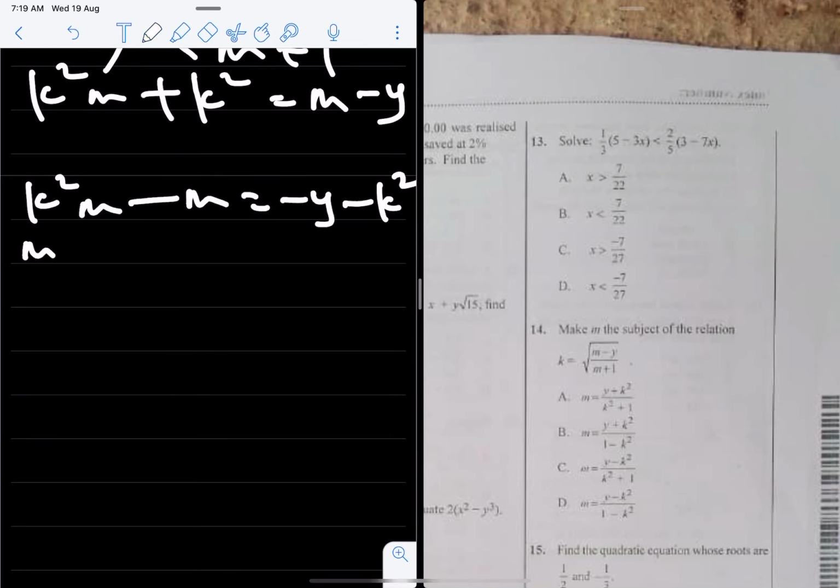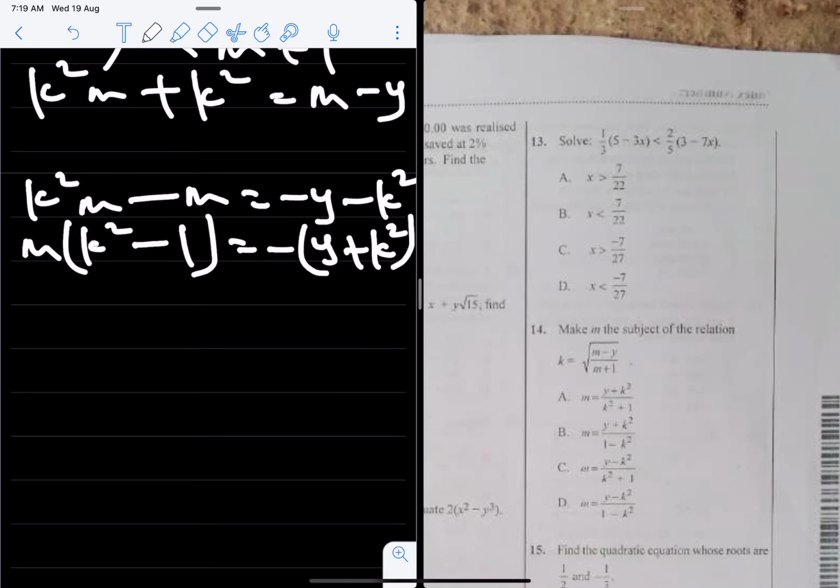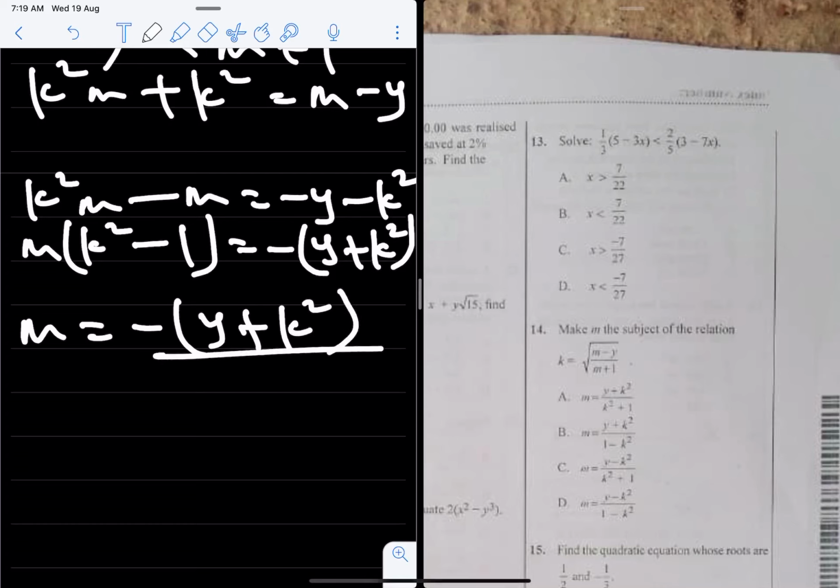Which simply means m into bracket k squared minus 1 equals minus into y plus k squared, which means m equals minus into y plus k squared over k squared minus 1.